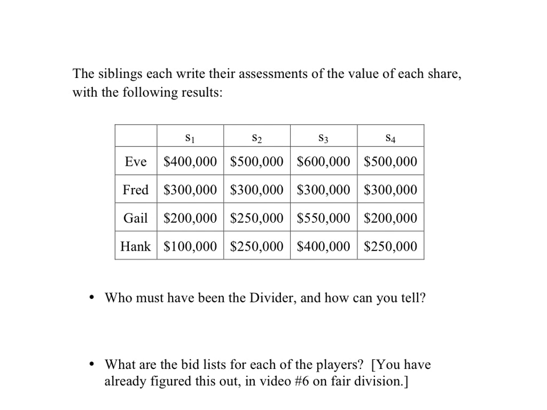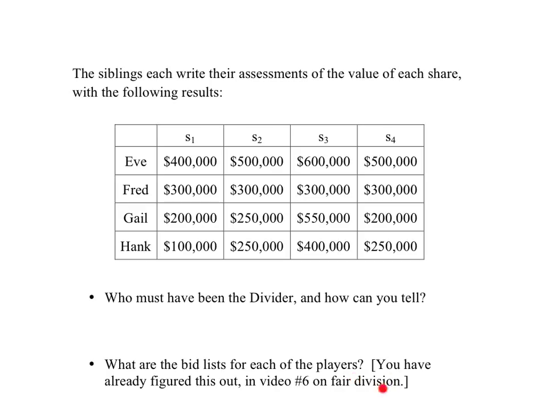When the siblings go and write their assessments of the value of each share, they produce the following table, and in fact, we've actually seen these numbers before in an earlier video in this chapter. So now we're looking again at this example from the point of view of the lone divider method. So we can ask, who must have been the divider, and how can you tell? And also, what are the bid lists for each of the players?